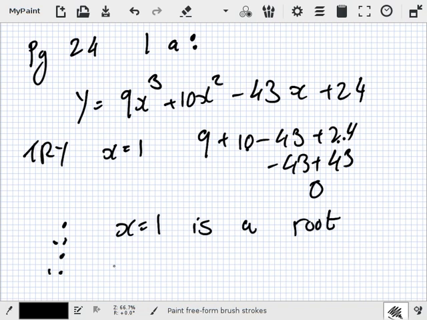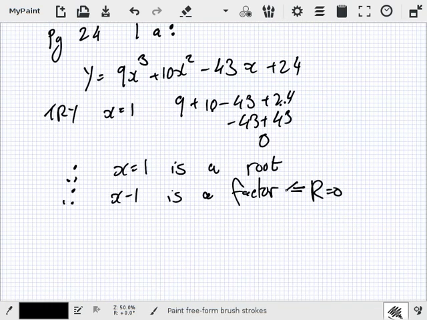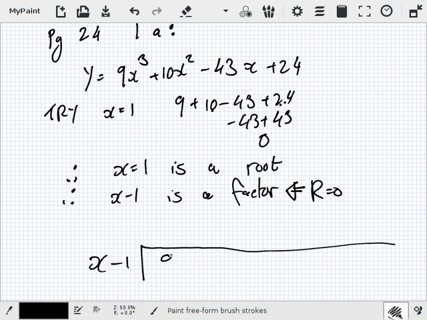Therefore, x minus 1 is a factor, which means the remainder should be 0. Because the remainder was 0, rather. Okay, so let's divide. X minus 1 gets divided into our cubic, 9x cubed plus 10x squared minus 43x plus 24.